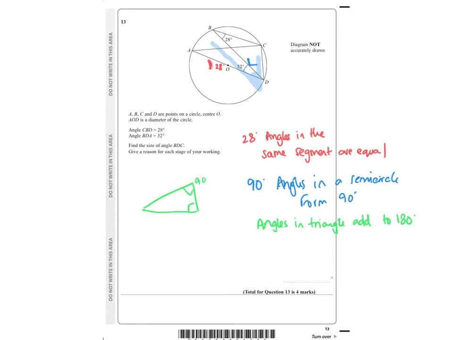I'm going to draw that again. We know that's 90, we know this is 28, and we know half of this is 32. So 90 plus 32 plus 28 is 150. So that means the missing angle is 30 degrees. Okay, so we're going to have 150 plus the angle is 180. Okay, perfect.